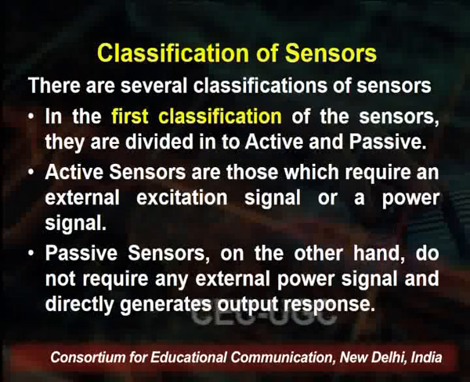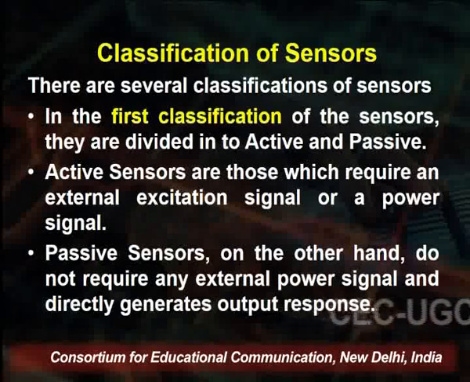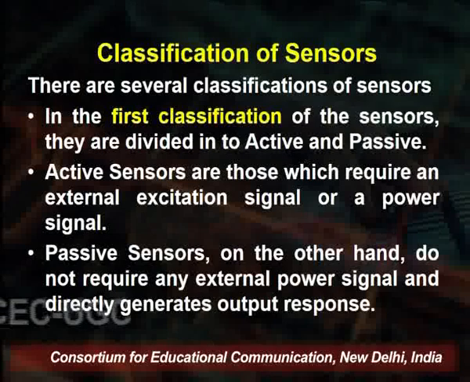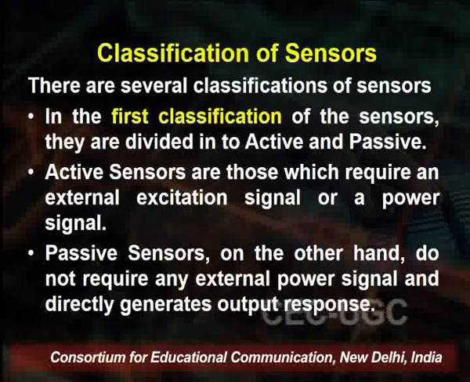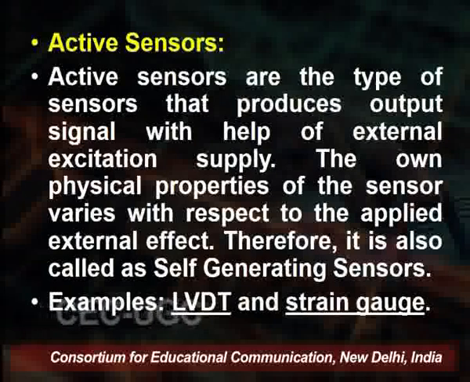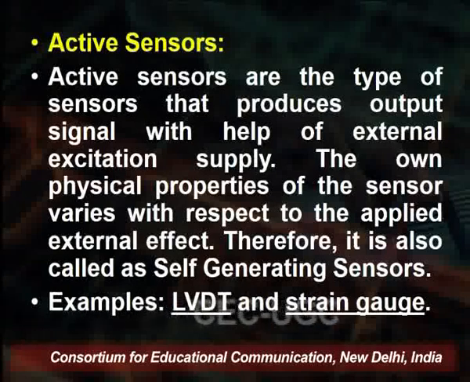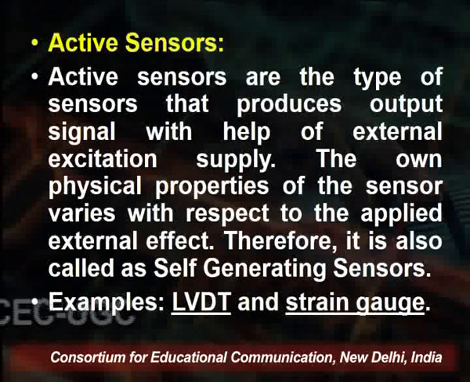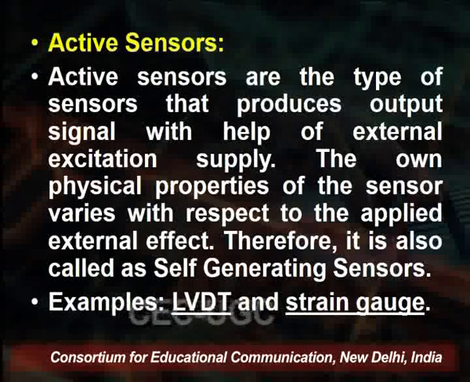Active sensors require the external excitation signal or power signal, whereas passive sensors do not require an external power signal; they directly generate the output response. This type of sensor produces the output signal with the help of an external excitation supply, which is given as an input.